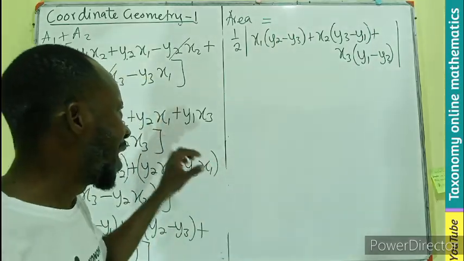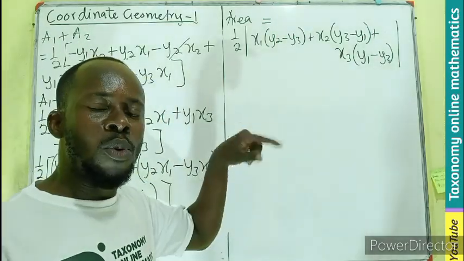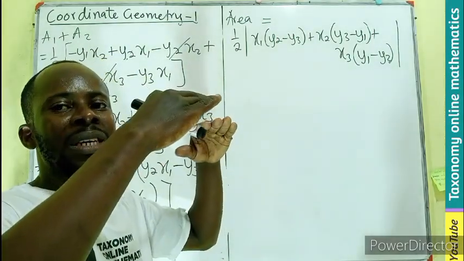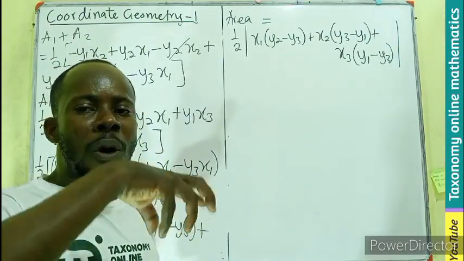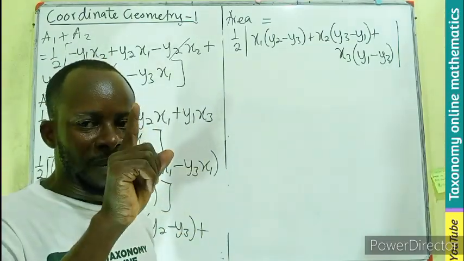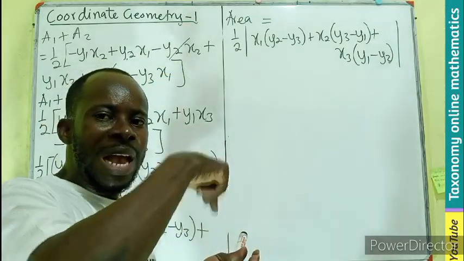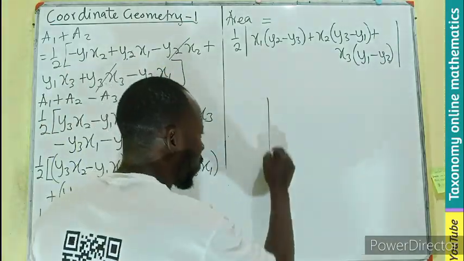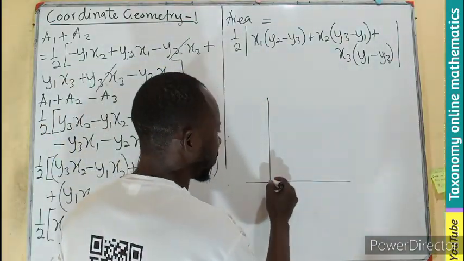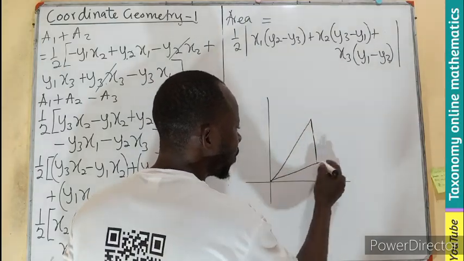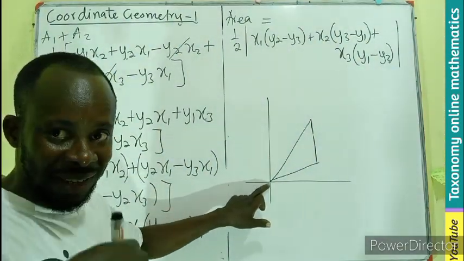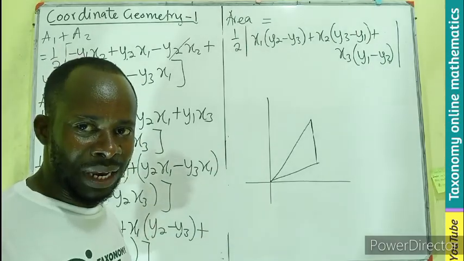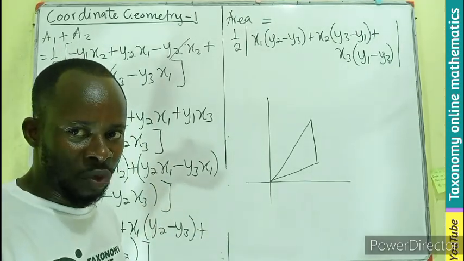Alright, you saw that in the diagram, all the points are above the origin. In some cases, one vertex will be at the origin. What I mean is that when this is the triangle, you see that one of the vertices is at the origin, meaning that point is 0, 0. Do you get it?